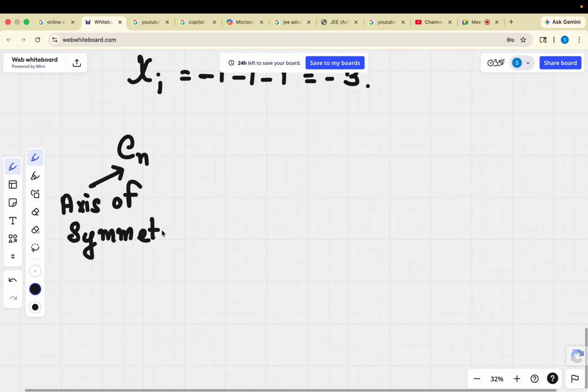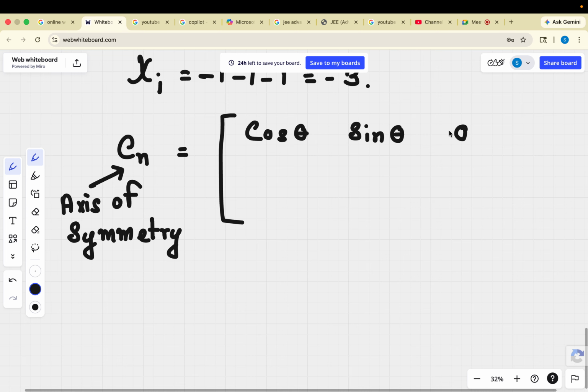Axis of symmetry. Okay, so this Cn is equal to the matrix: cos theta, sin theta, 0; here you will get minus sin theta, cos theta, 0; and lastly you will get 0 0 1.